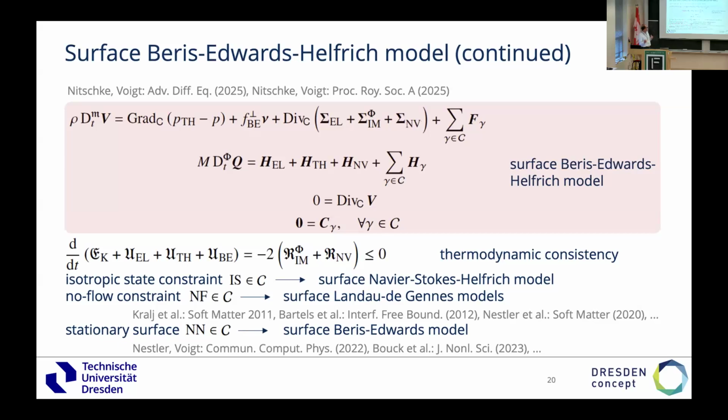So what we end up with is a surface Landau-de Gennes type model. And various people worked on that. It's just a small piece here of the list. Or we can even say that we want a stationary surface, so no normal velocity, that we end up with a surface Beris-Edwards model, and also there various models have been proposed already.